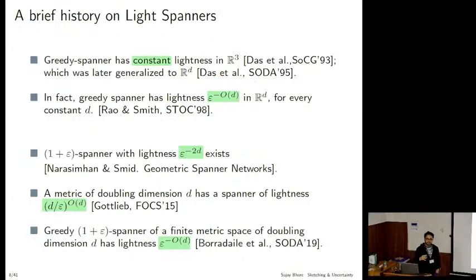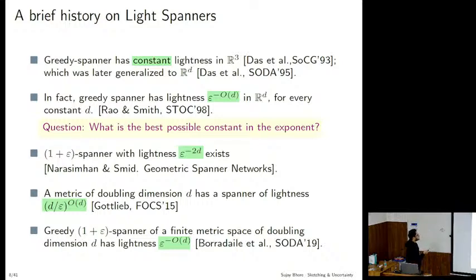Light spanners have their own side of the literature. We know that the greedy spanner already gives constant lightness. In fact, it gives a lightness of epsilon to the minus order d. So there is already a 60-page analysis of epsilon to the minus 2d. We know that the greedy spanner also gives a good spanner in metric spaces of bounded doubling dimension.